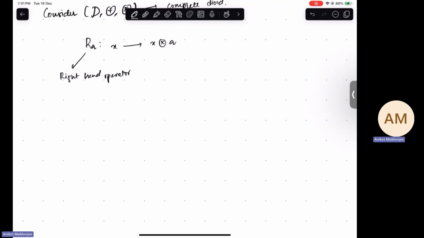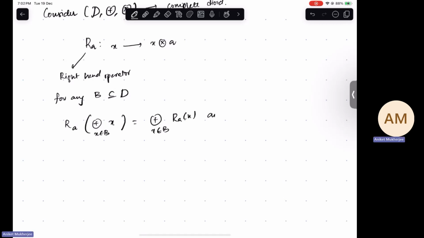So for any subset B of D, we have R_A of the sum over x belonging to B of x, since I've defined this as a function, is equal to the sum over x belonging to B of R_A x. And if x is less than y in the dioid order, then R_A x is less than or equal to R_A y.